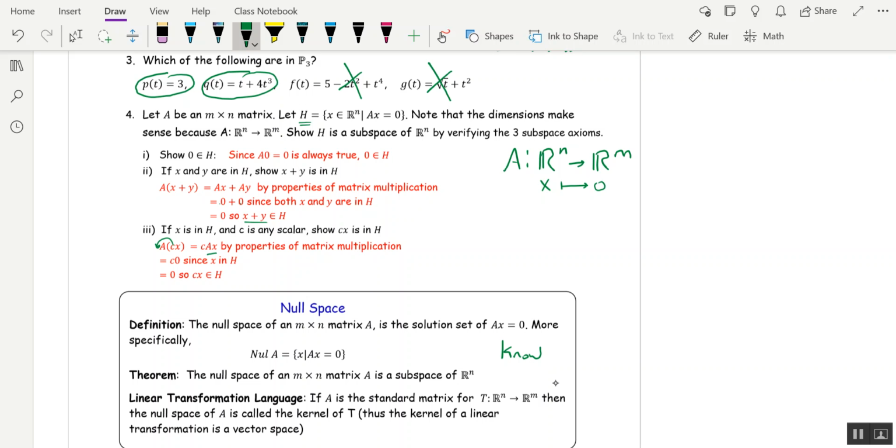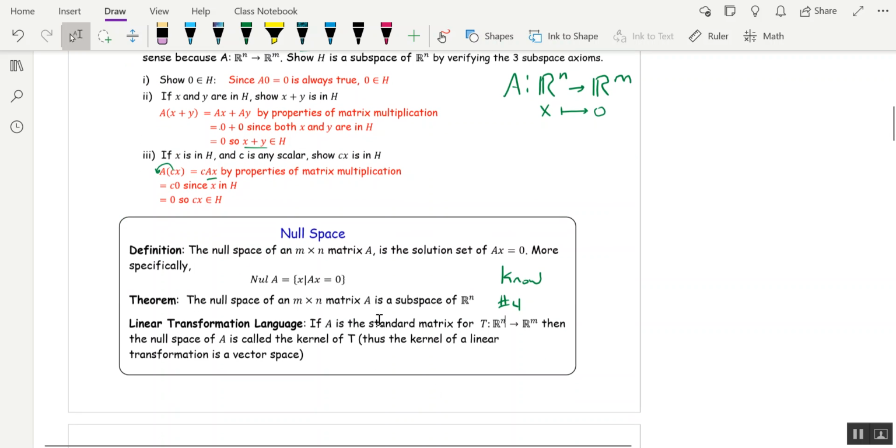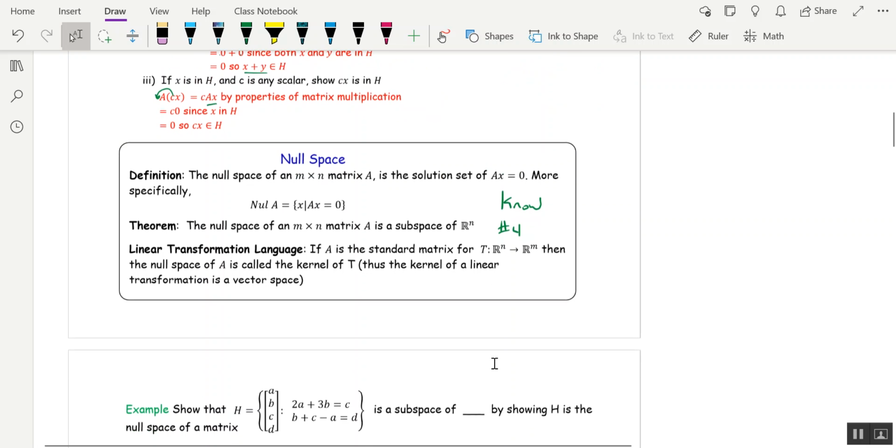And we just proved the theorem. Proof would be number 4 above. We showed that it's a subspace. Now, if you're talking linear transformations, some people will call the null space the kernel. So instead of calling it the null space of A, you would say it's the kernel of the linear transformation that takes Rn to Rm. You don't have to memorize that. I just thought I'd throw that out there because it's interesting.